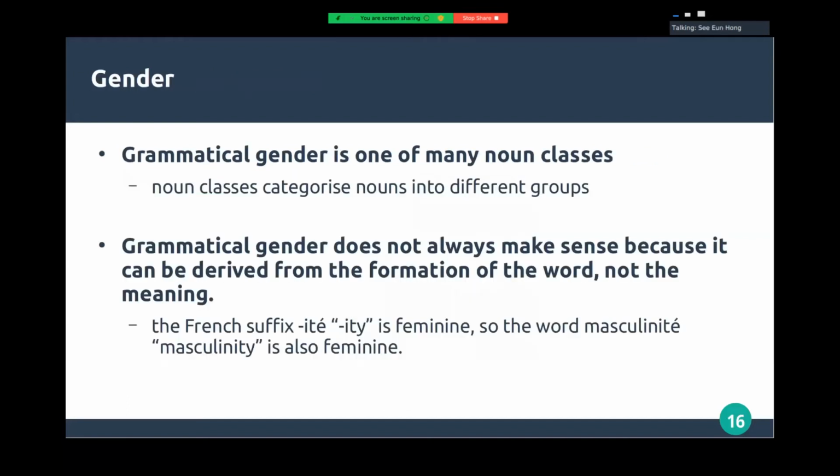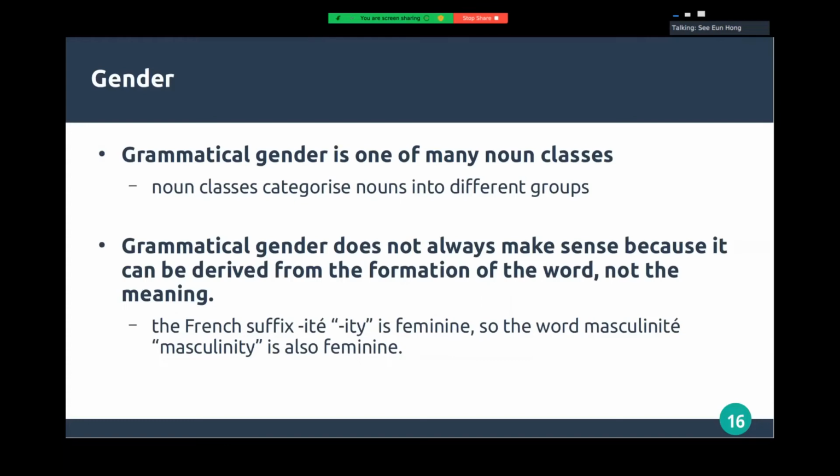And gender, well, grammatical gender is one of many noun classes. So it's one of the criteria in which you can divide nouns into different categories. And grammatical gender does not always make sense because it can be derived from the formation of the word, how the word is formed or how the word looks, not the meaning.